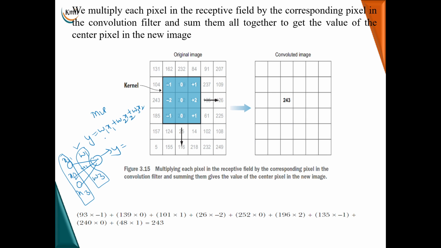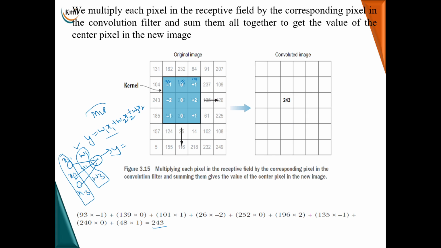How did I get the value? By multiplying W1x1. That is, we have the 93 pixel value of the image multiplied by -1. Then I have 139 multiplied by 0. Then I have 101 multiplied by 1 and so on. And the resultant value of the new pixel is 243.